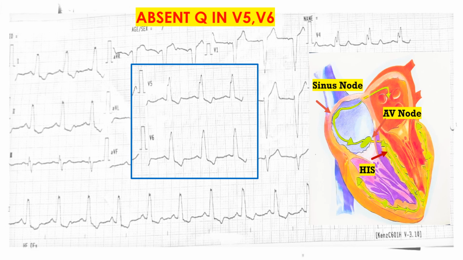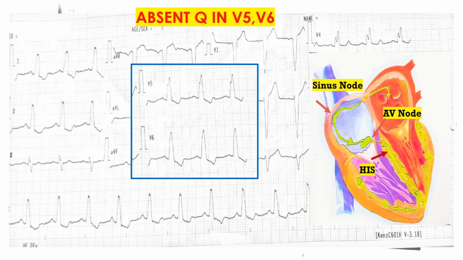Now there is another criterion in the literature, which is absent Q waves in leads V5 and V6. By this we mean that the V5 and V6 leads are placed over here, and aVL also represents this area. In a left bundle branch block, this area gets delayed activation compared to this area. This area gets activated early, and this area over here will be the last to get activated.